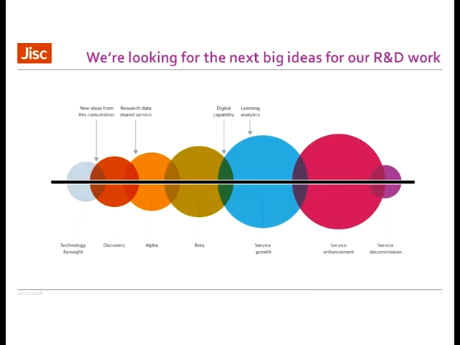And what we're doing now is taking soundings again from the sector on, okay, well, that's what we still see as a broad direction of travel, but within that, what are the key issues that we could work on to help meet challenges for our community? And that's how we're doing this year's co-design process.